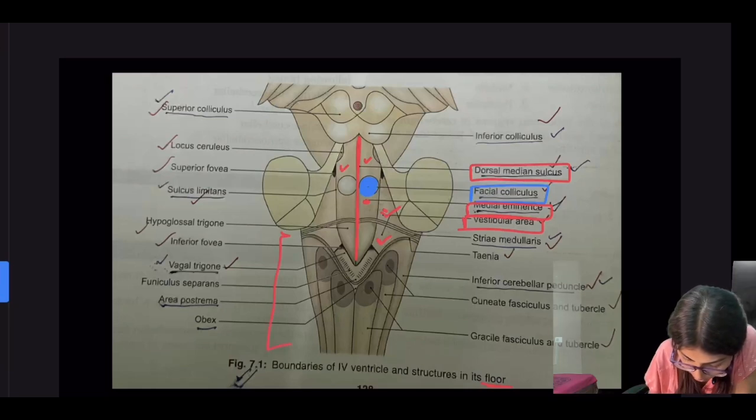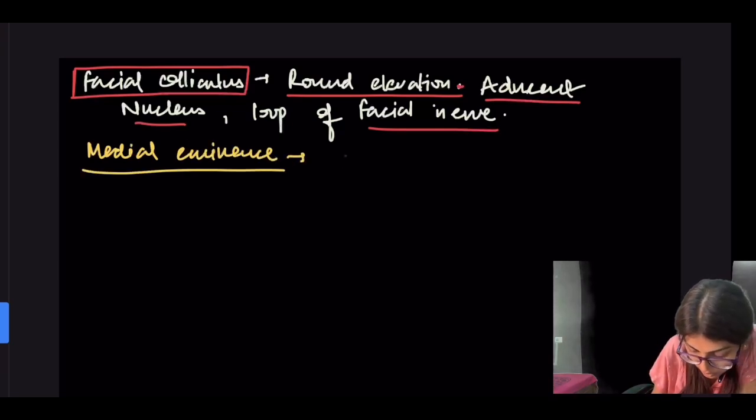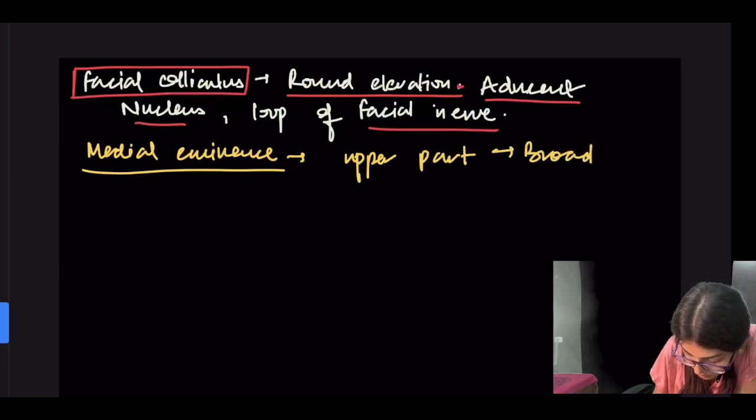This is our medulla, and this is our pons region. The upper part of the medial eminence is broad, and the lower part is somewhat narrow.